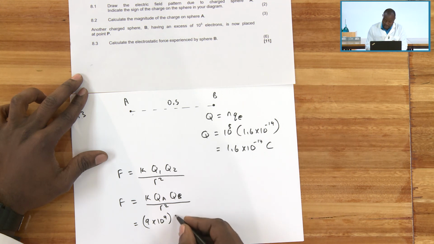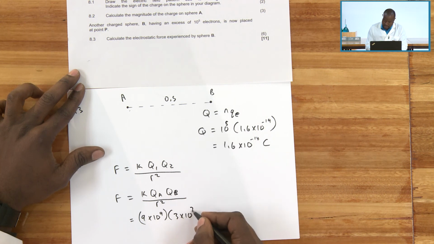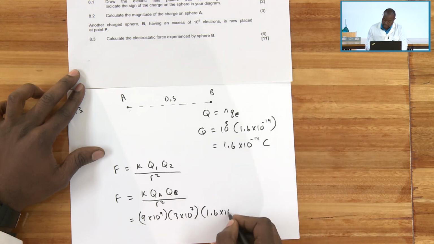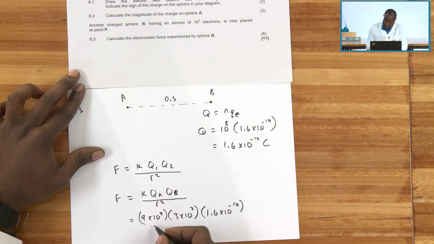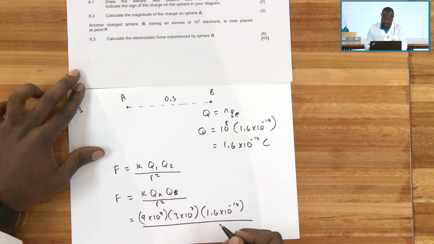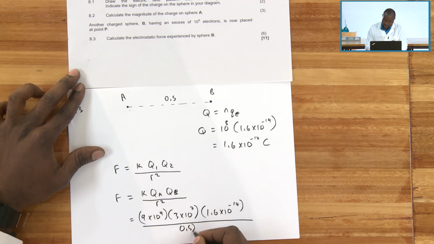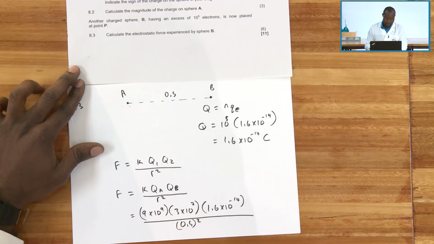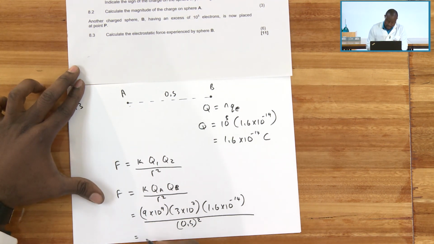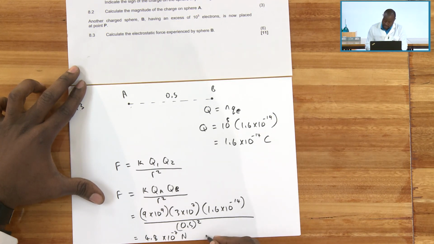QA, you are already given as 3 times 10 to the power of 7. And QB, we have already calculated as 1.6 times 10 to the power of negative 14. And our distance between them is 0.5, and we need to square that. If we do that, we are going to get an answer of 4.8 times 10 to the power of negative 7 newtons, and it is going to be a force to the right.